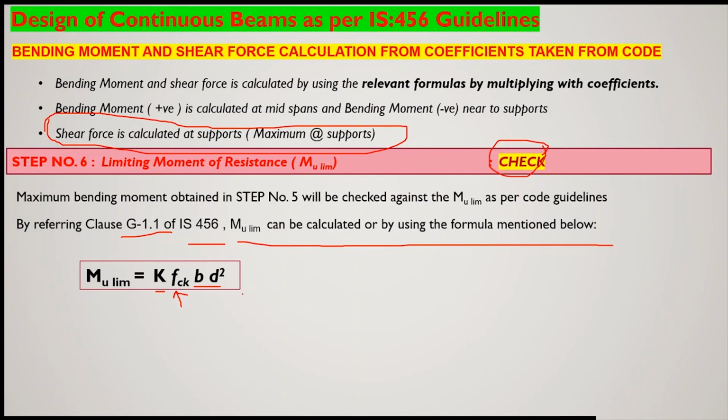So if you have fixed the b value and D, that means the cross-section dimension is fixed, and the grade of concrete is fixed, then you have to get the value of K. This value of K depends on the grade of steel. So you are taking into consideration the grade of concrete, dimensions of the beam, and grade of steel.